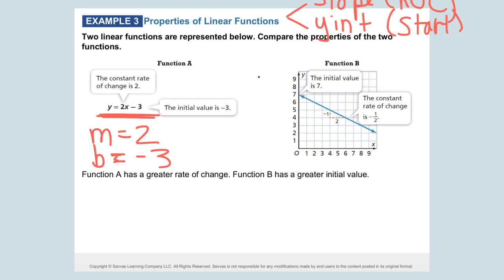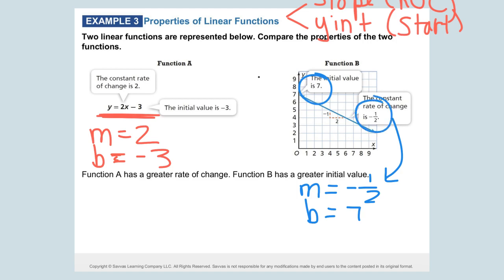Well, I can still do that. My slope is -1/2. They did the work for me. We would have counted rise over run, or in this case, fall over run. And the starting point is 7. So they did our work for us, and now we're just going to compare them.